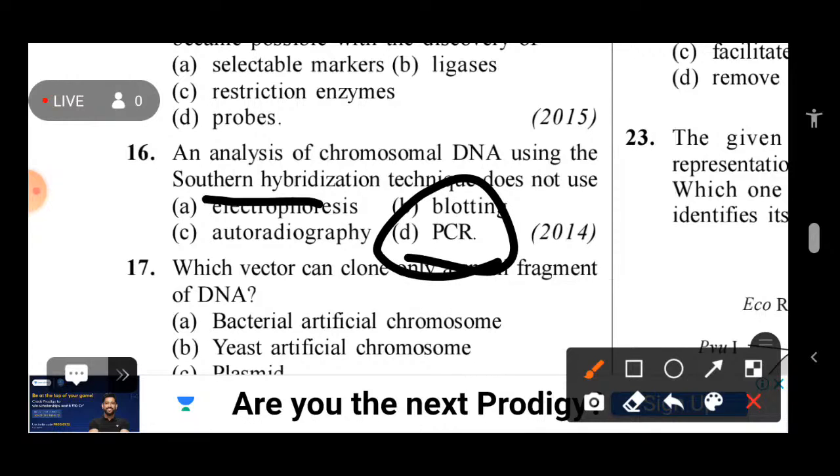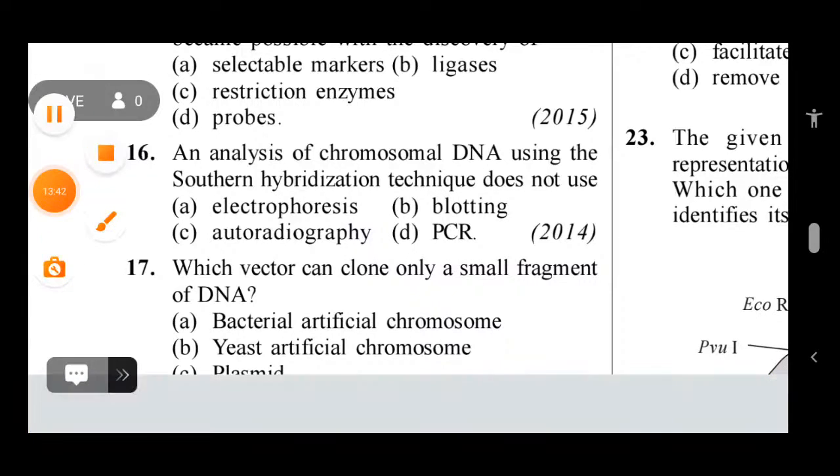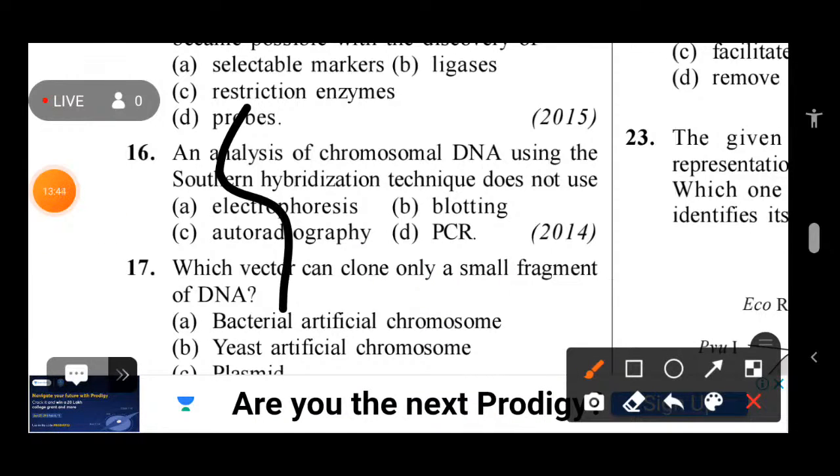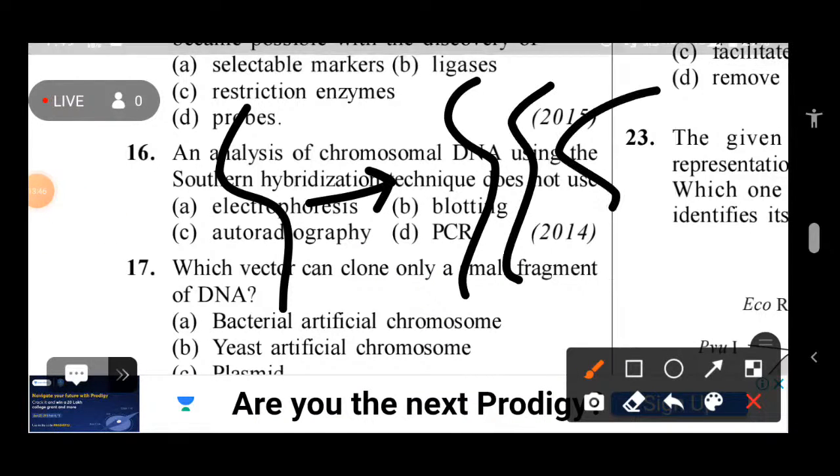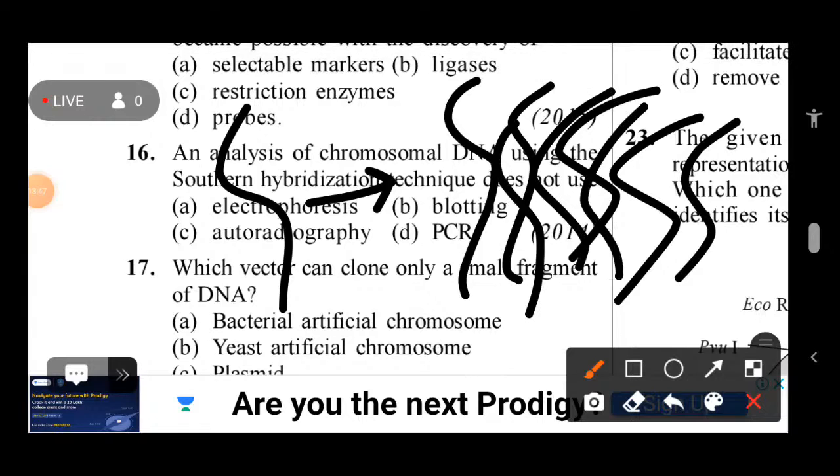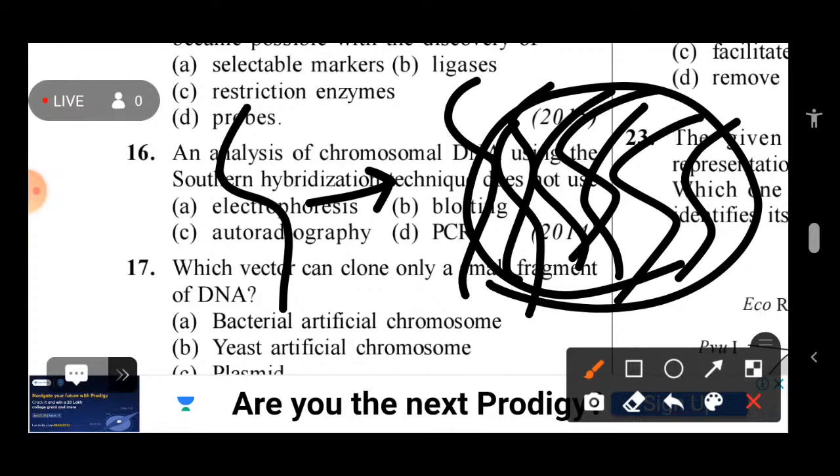PCR is polymerase chain reaction, and in PCR we do the amplification of DNA. So this PCR technique is mostly used for amplification. For example, if we have only one DNA, in this amplification process we get many similar copies of DNA. This process is called amplification, and it is carried out by PCR, polymerase chain reaction.